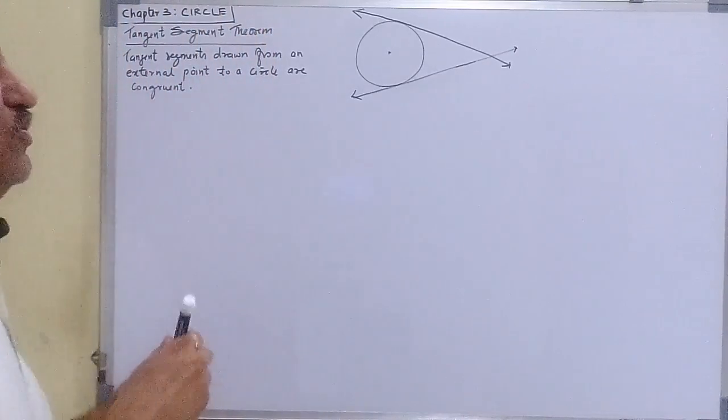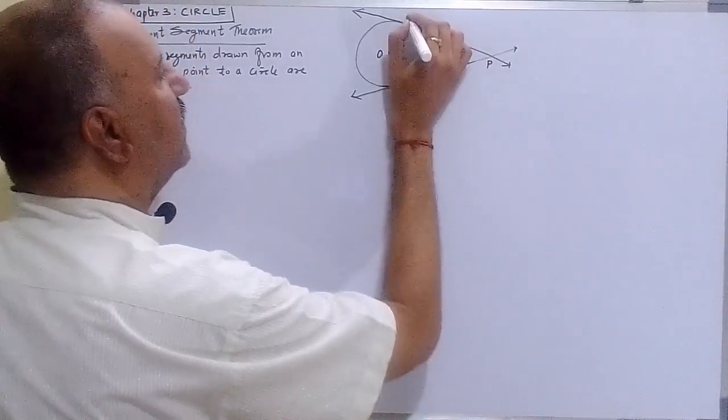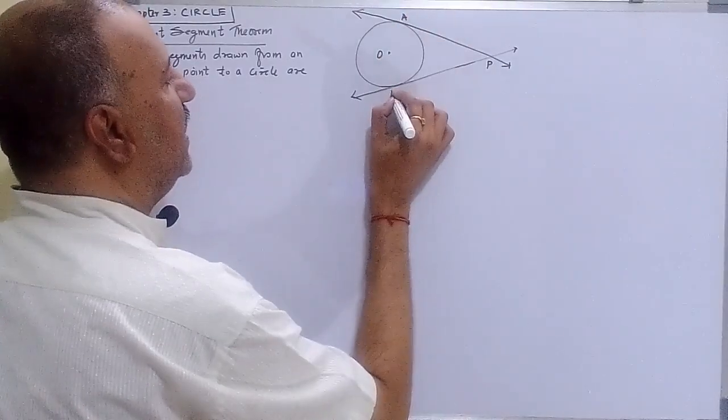So इसका मतलब हम लोग इसको O लेते हैं, इसको P लेते हैं, इसको A और इसको B लेते हैं.